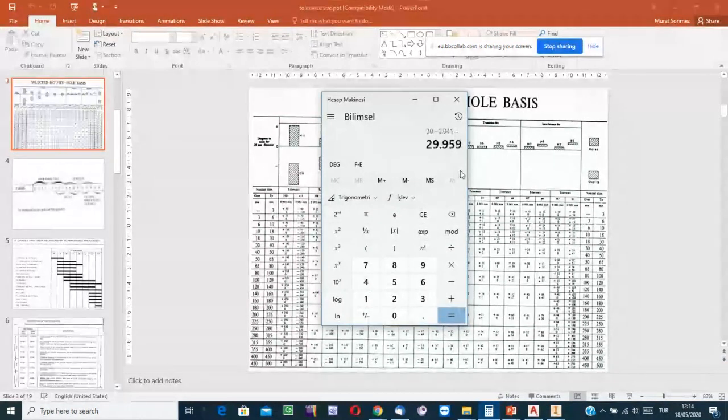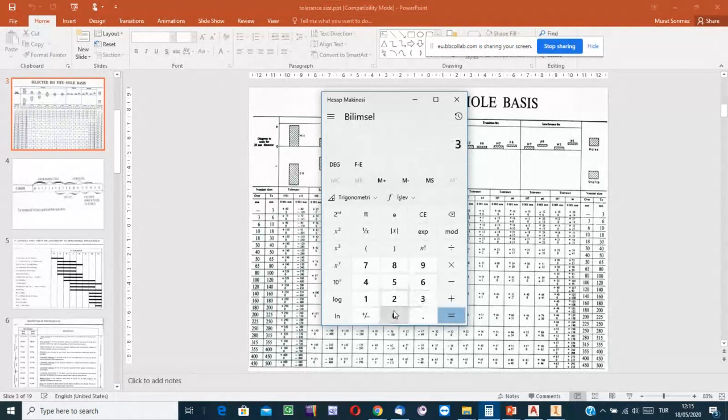You see the lower limit, 29.959. Okay, 29.959. See the value: tens, hundreds, thousands. That is the lower limit.